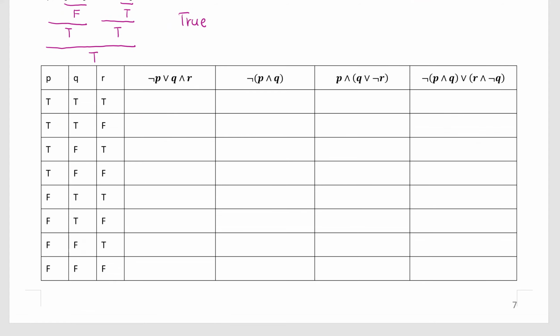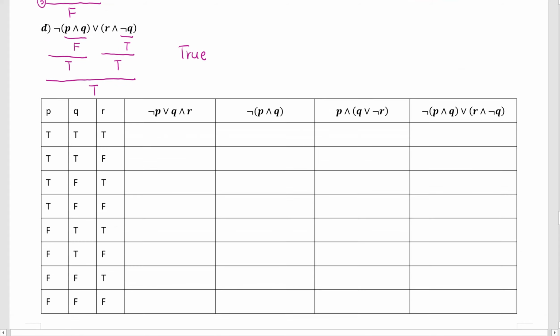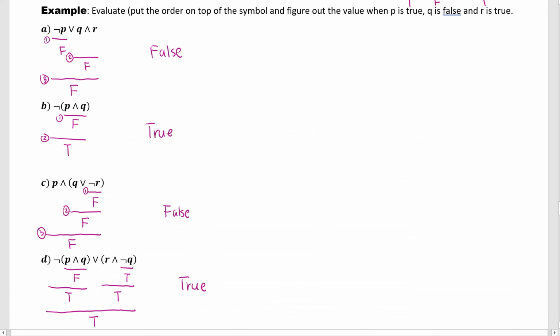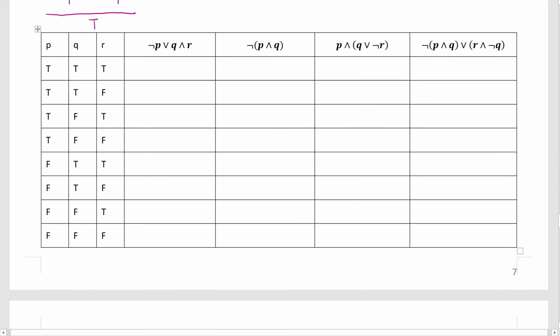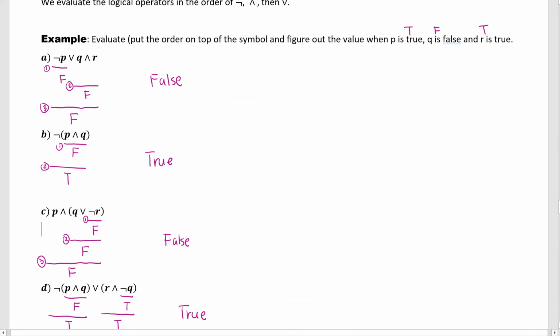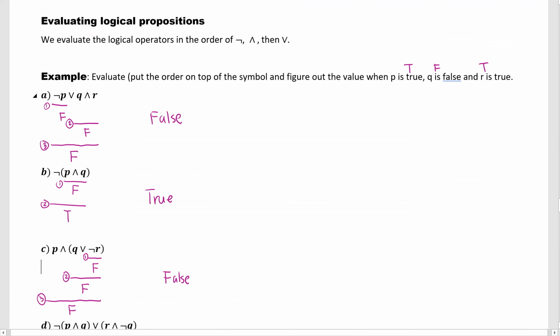Next, what we have done is we assume that P is true, Q is false, and R is true, and then we figure out the true or false for all the parts A, B, C, D. So next, we're going to draw the truth table. What we just did: P is true, Q is false, R is true.